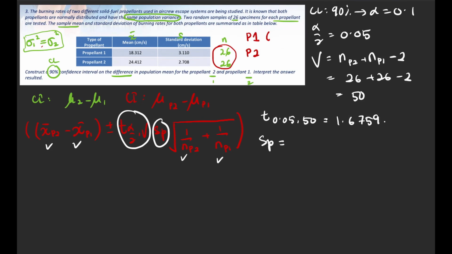So now calculate the sp. My sp, I got sp is equal to 2.9159. Okay, substitute all into the formula.